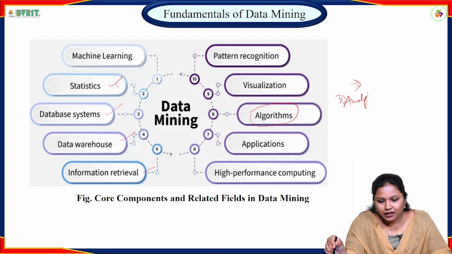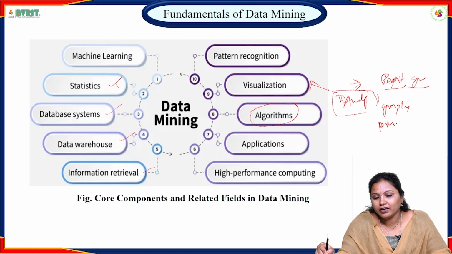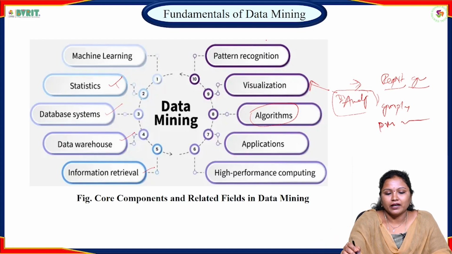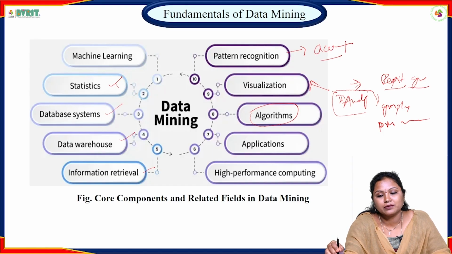After whatever analysis has been done, we do the visualization part: report generation, or presenting with the help of graphs and trees. Pattern recognition is nothing but mining the data according to our requirements and our interest patterns.